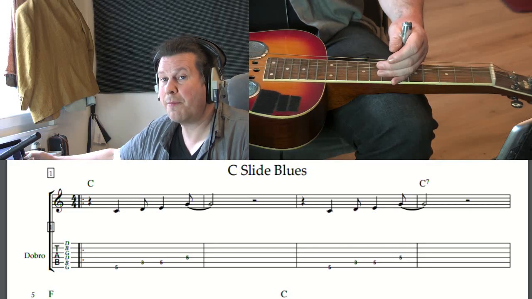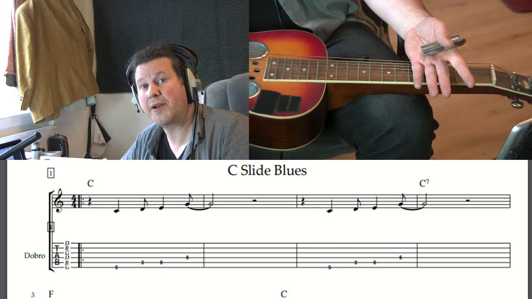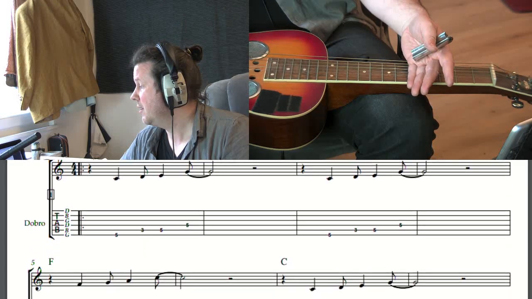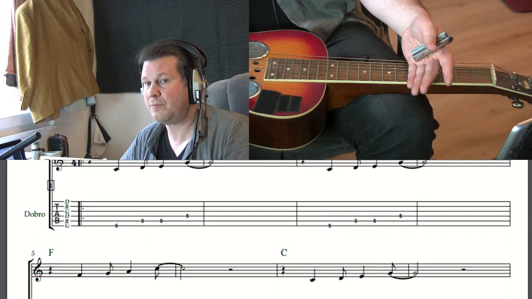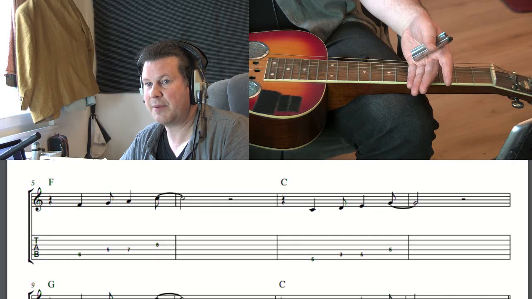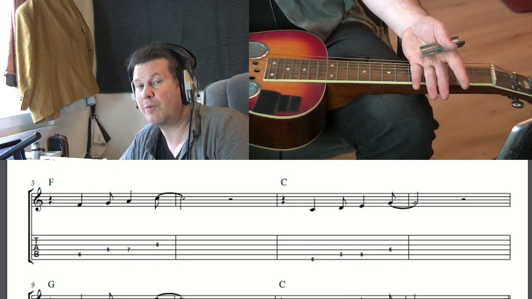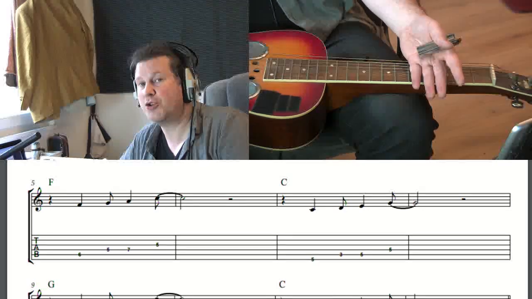Okay, so we've got 4 bars of C, or what we call chord 1, because that's the key we're in, C major, so C is chord 1. Then we've got 2 bars of chord F, so chord 4, which is F. And then we're back to 2 bars of chord 1.